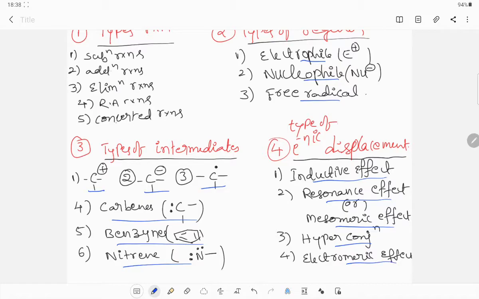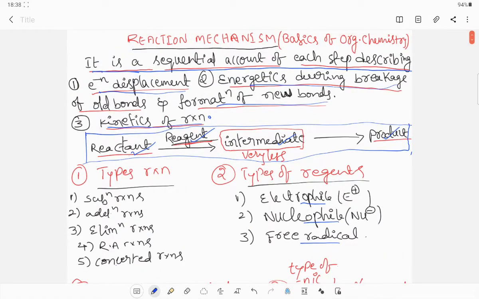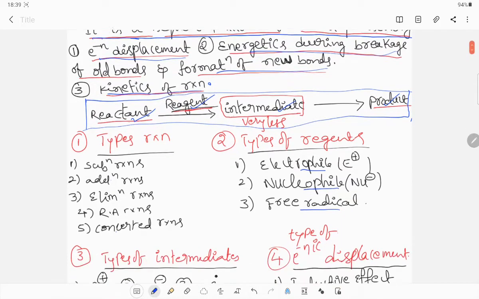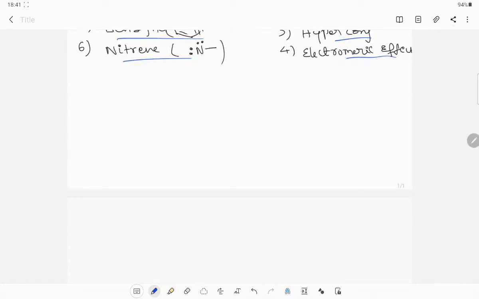When we study all these, then reaction mechanism will be completed. Now, from reactant to product, breakage of old bonds and formation of new bonds takes place.